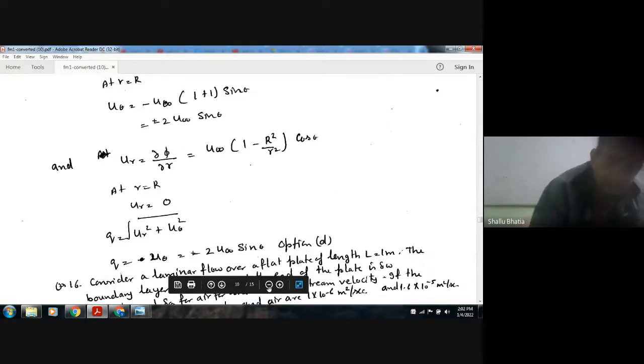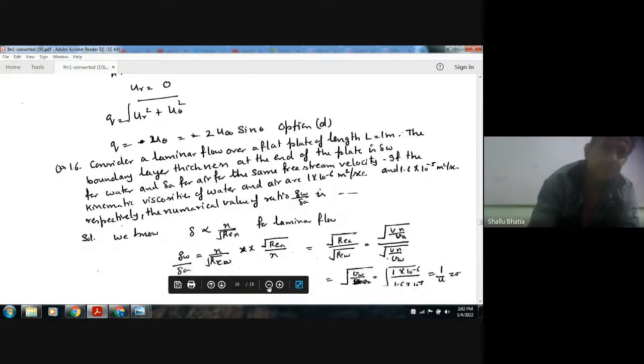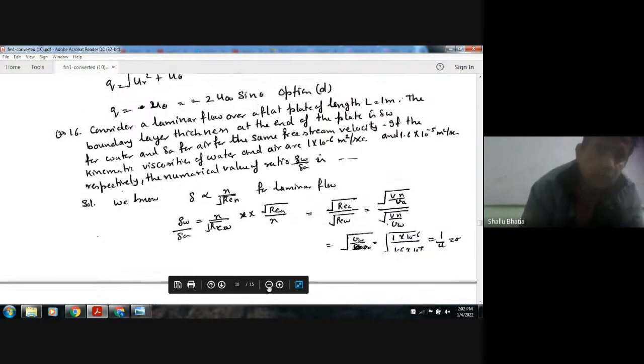Next, question number 16. Consider a laminar flow over a flat plate of length L = 1 meter. The boundary layer thickness at the end of the plate is δ_W for water and δ_A for air.